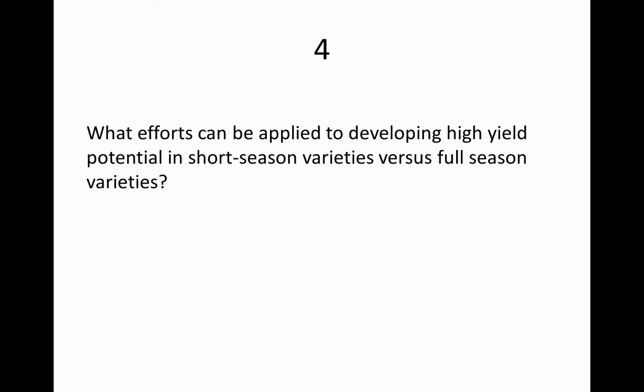I do have a question then. In your work in Southeast Asia with the 90-day system, are you back then to a U.S. maturity group 4 or 5? Oh, that was the other thing I was going to talk about. Once you get into the tropics, the maturity group system really doesn't work.